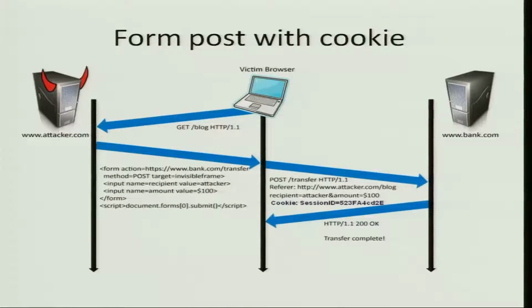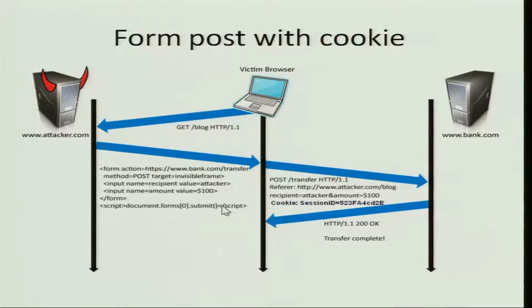Here is a message sequence chart for the same thing. The victim browser goes, let's say, to read a blog on the attacker's site. The attacker then sends a piece of code which at the end has a script that says to submit this form, and the target of the form is bank.com.